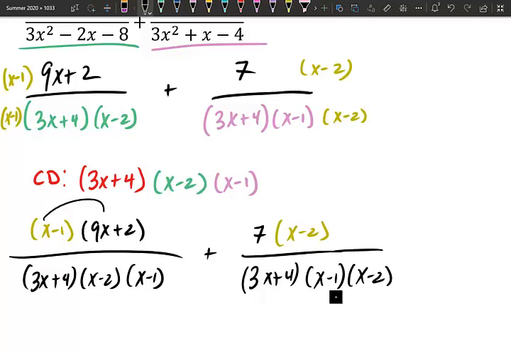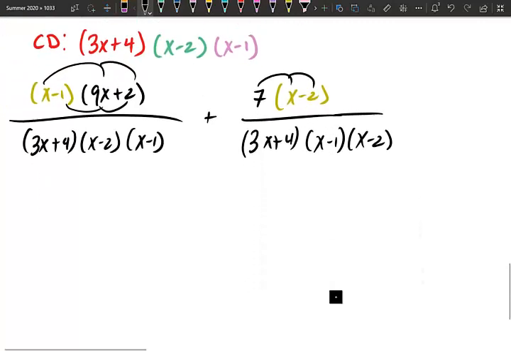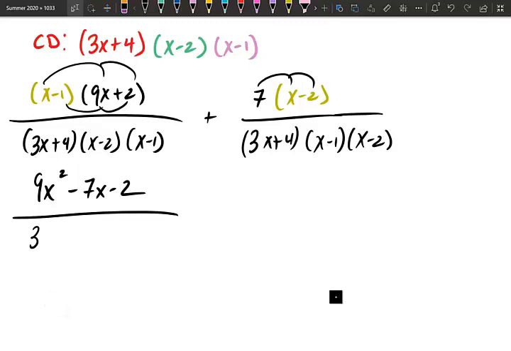Let's FOIL the top and distribute the 7. So when we FOIL the top, we get 9x squared minus 7x minus 2 over our denominator. We can distribute 7, so 7x minus 14.